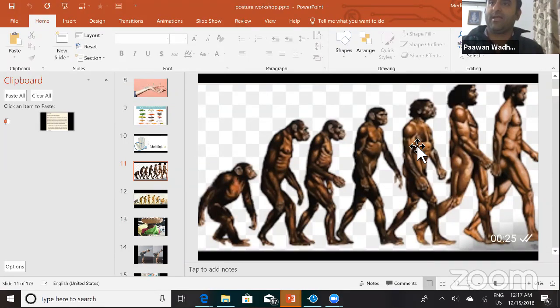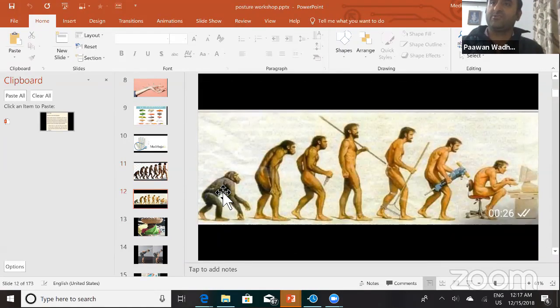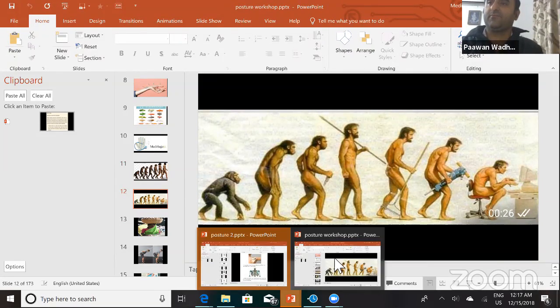This is a properly aligned man. When the chimpanzee started walking tall, his shoulders were a little behind. And when this properly aligned man started bending, his shoulders went a little forward, more forward, and you have become this now. That's why you all have cervical issues. This you have to understand. Only if you understand this can you correct yourself.